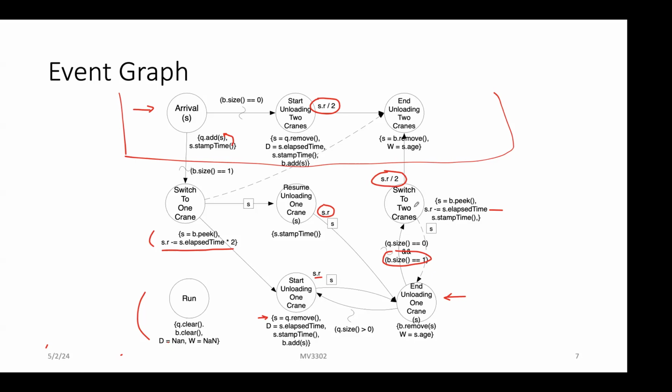Now, the other thing about that is that ship. This is potentially confusing here. When this event occurs, there is always going to be another end unloading with that ship that's left there.